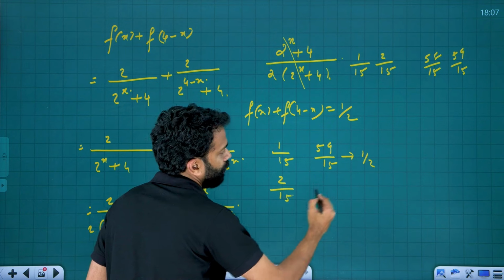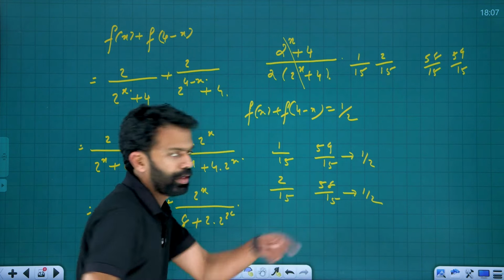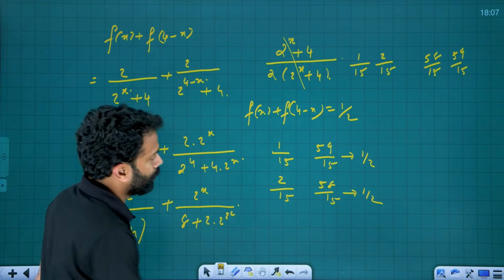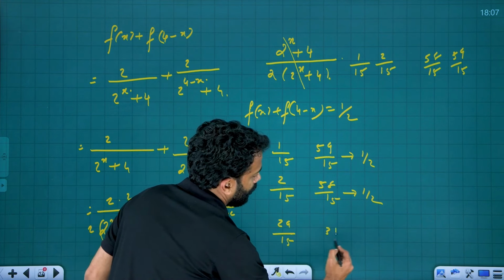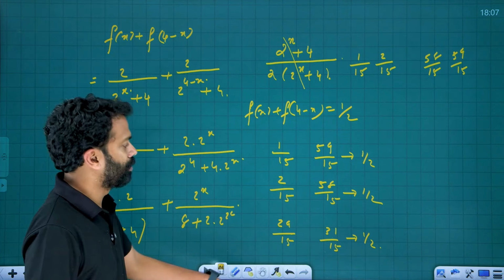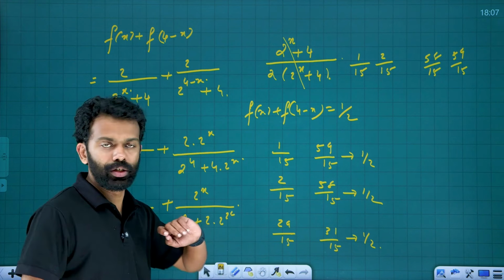Like that 2 by 15, 58 by 15, sum will be equivalent to 1 by 2. How many terms will be there? That is 29 by 15, 31 by 15, that is also equal to 1 by 2. So, how many terms are here? 29 pairs are here, and each of the sum is equal to 1 by 2.